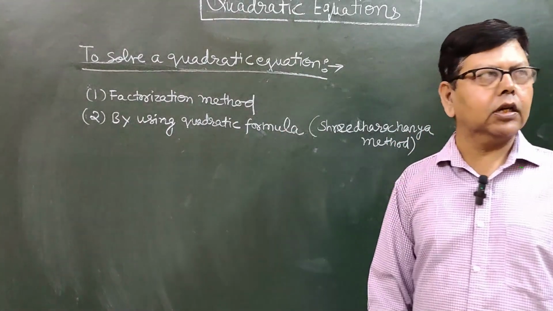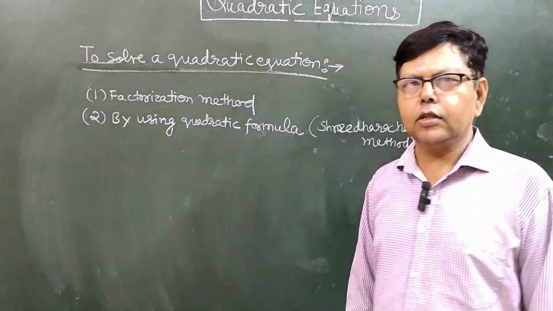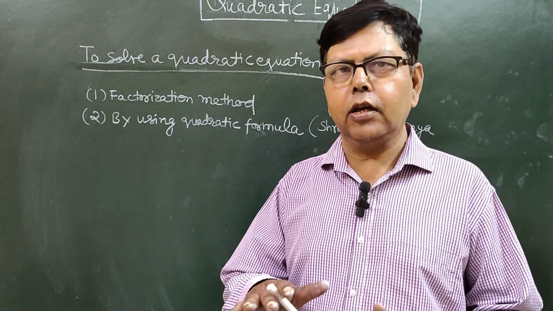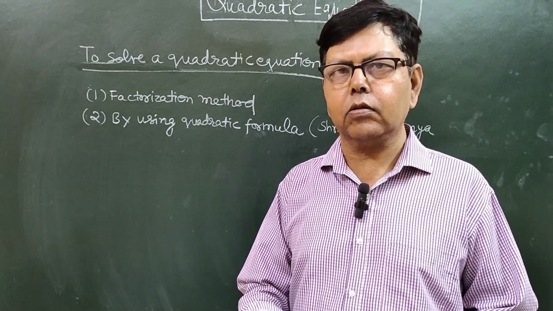So the first method is the factorization method. In the factorization method, we find the factors of the quadratic.